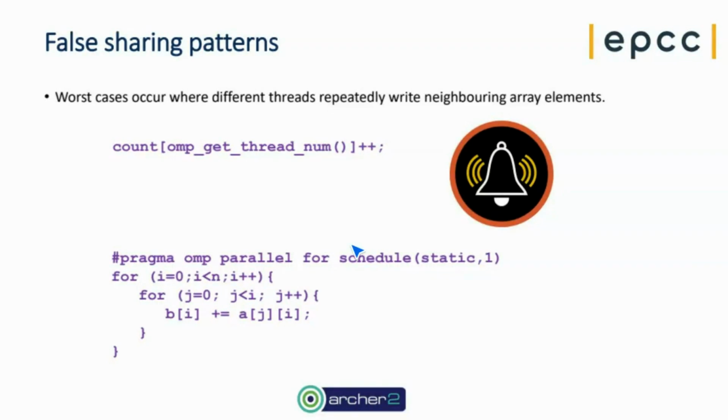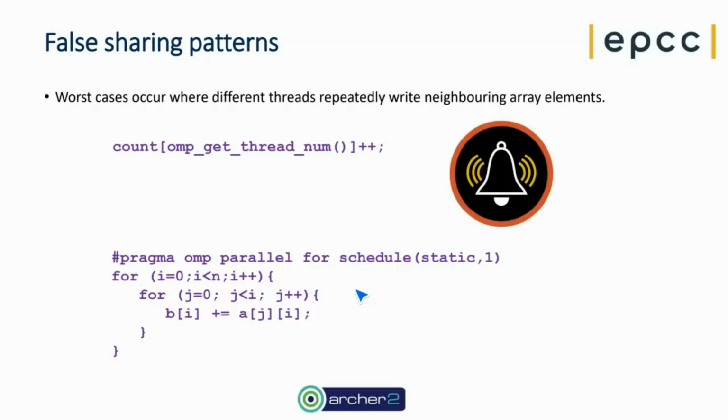For example, if we have some shared array where we're counting something that happens on every thread, and we index that with the thread number and do frequent increments to that, that's exactly the sort of situation, because we've got different threads writing neighboring array elements which are next to each other in memory.